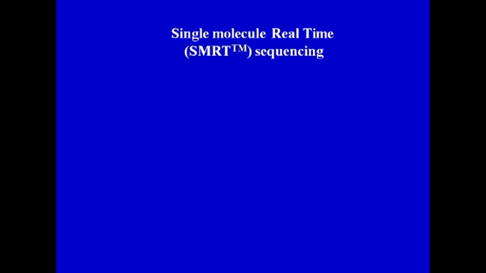There is another method called single molecule real time sequencing, produced by Pacific Biosciences. This sequencing platform tethers a single DNA polymerase at the bottom of an optical chamber known as a zero mode waveguide.